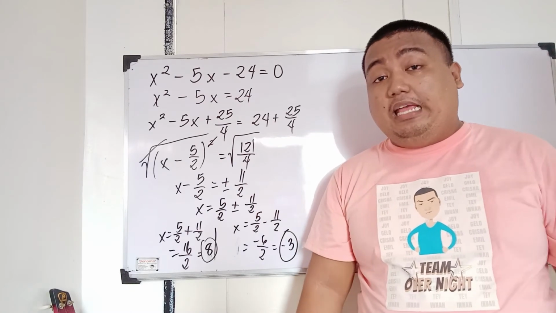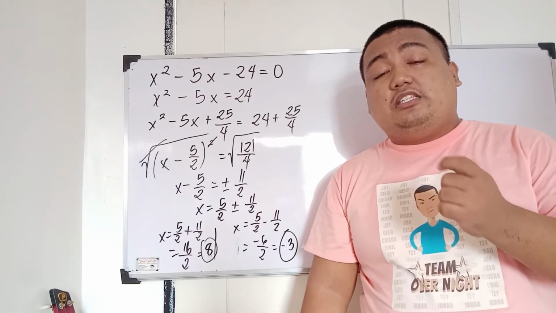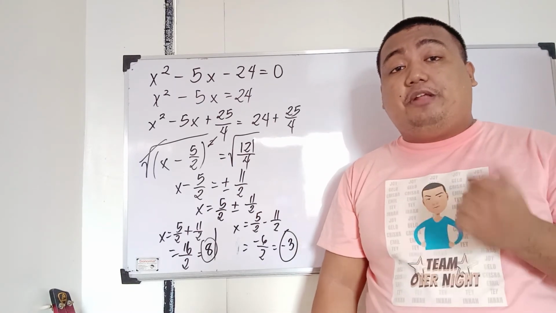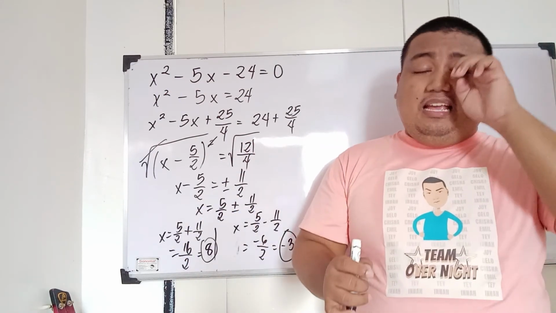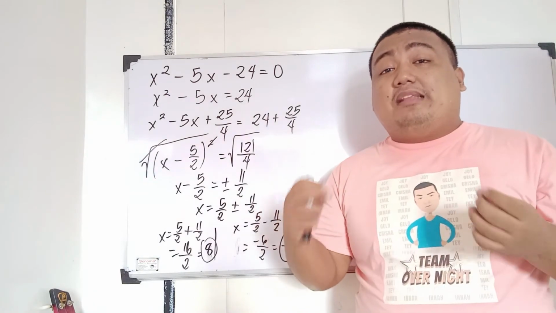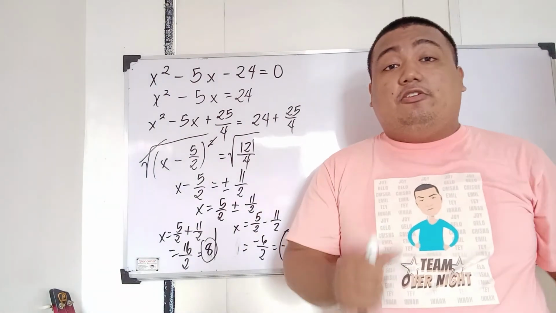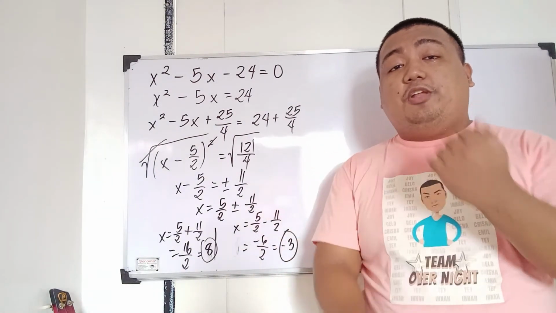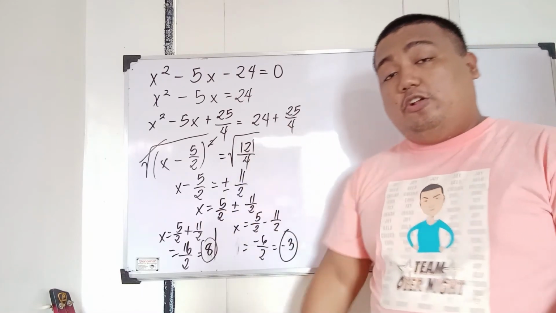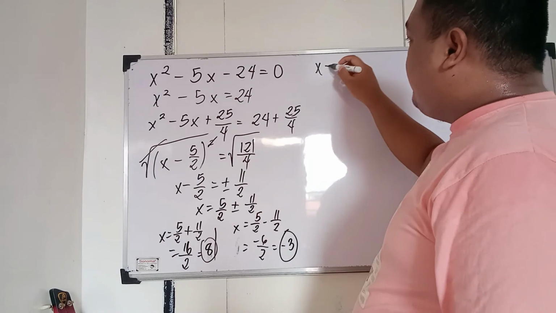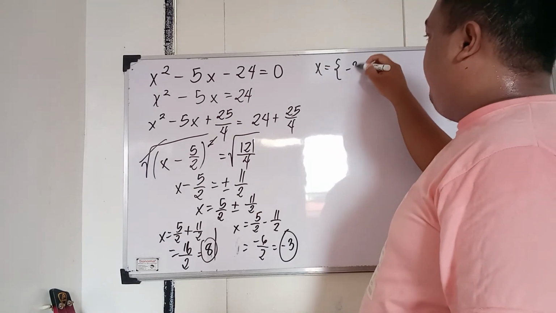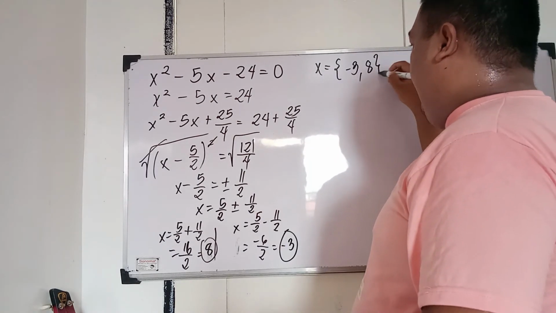Pero kapag maintindihan kung paano yung process ng fraction, mas madali siyang process kaysa sa factoring. Kasi sa factoring, magta-trial and error ka. Pero sa completing the square, susundin mo lang yung process ng solving of quadratic equation. So it means, our values of x are negative 3 and 8.